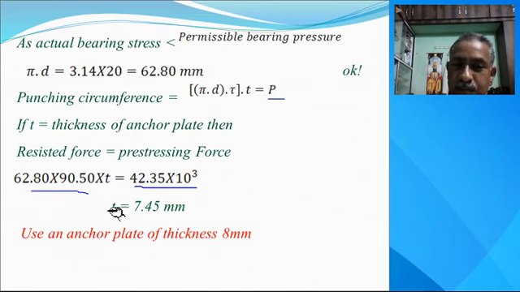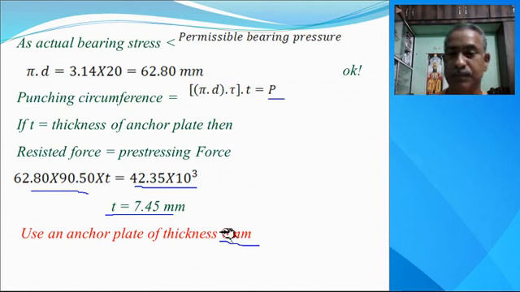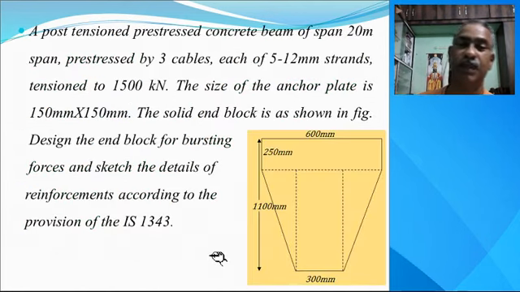Here tau is 90.50, already given in the problem. From this equation we can find the thickness of the anchor plate as 7.45. So instead of 7.45 we can use an 8 mm plate. This is the simple problem to find the thickness of the anchor plate.